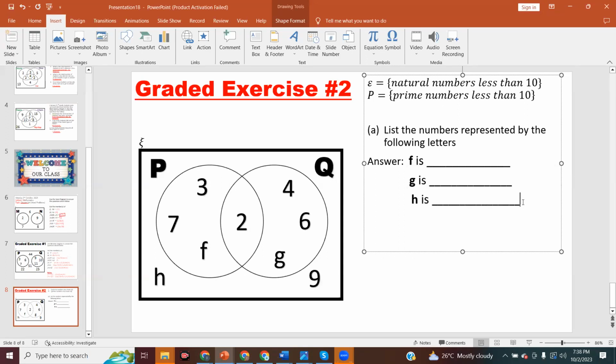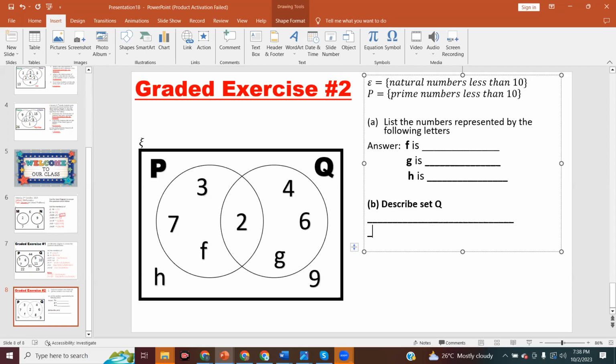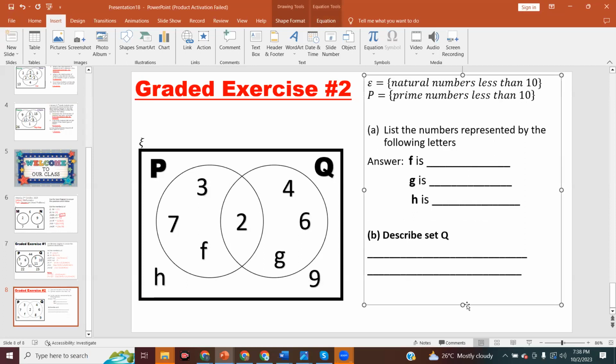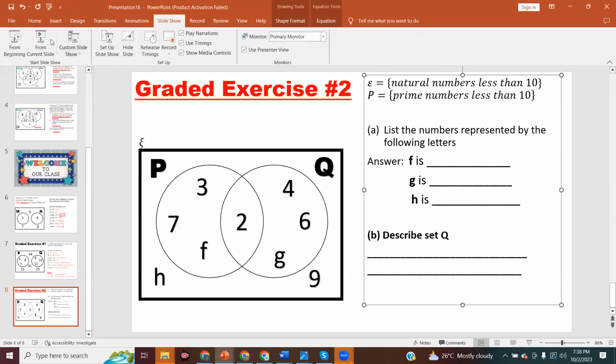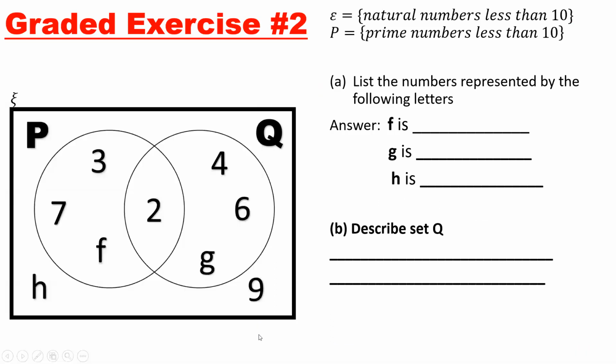And B says describe set Q. All right, so this is your exercise number 2. So try it on your own, and once you finish, we're going to answer it together.